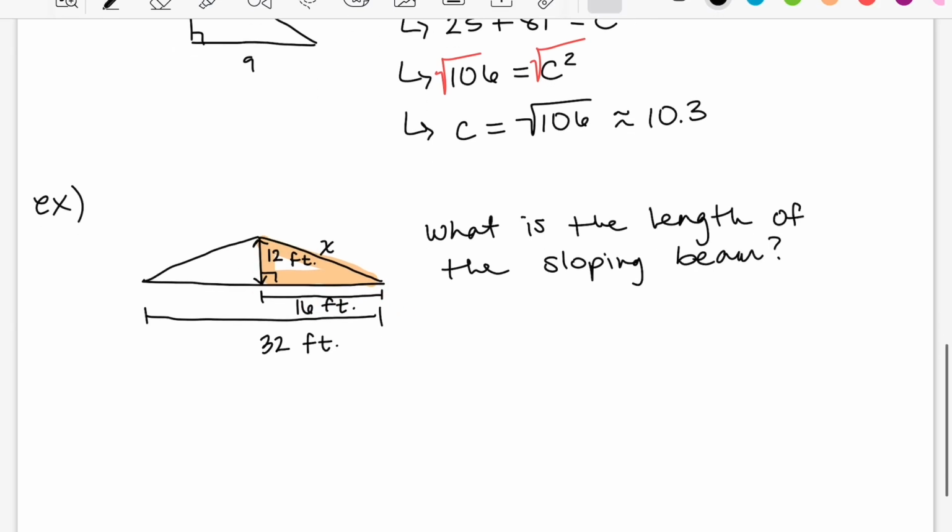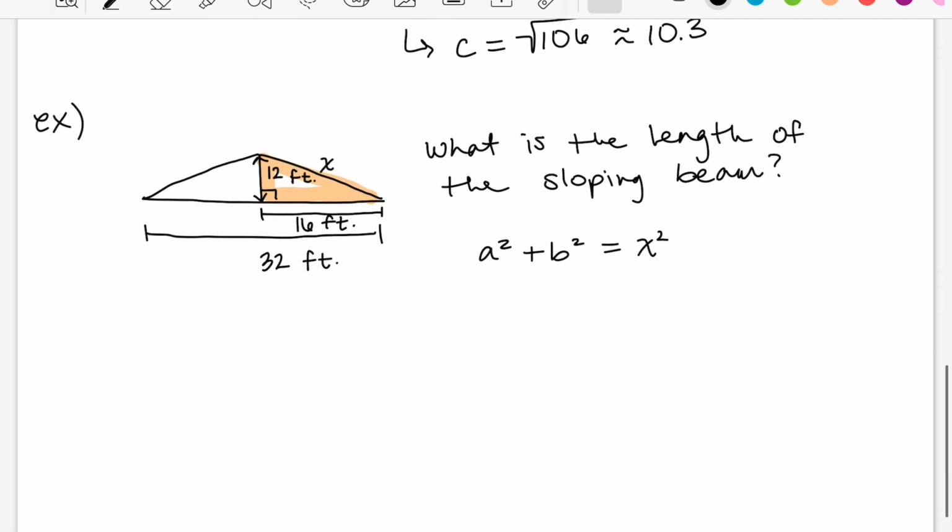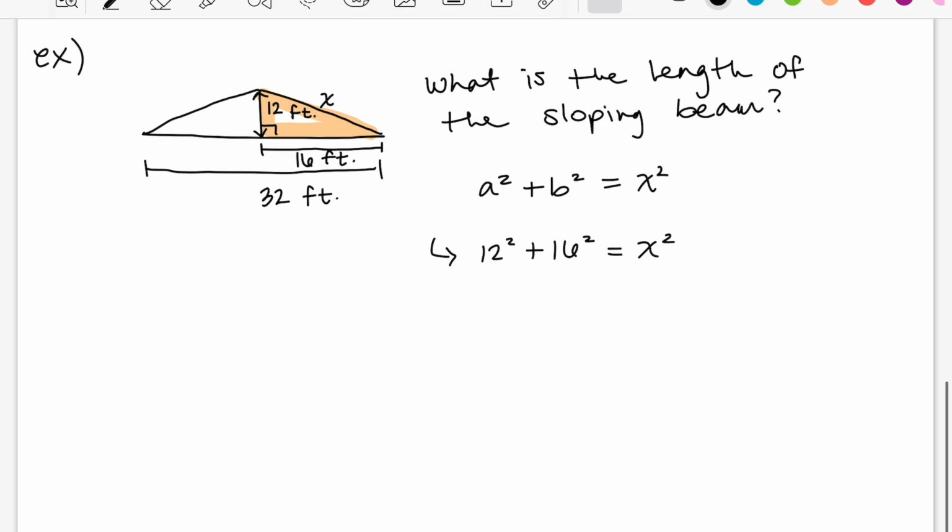So we'll use our Pythagorean theorem. So we'll have a squared plus b squared is equal to, and in this sense, I'm just calling our hypotenuse x. So we can just do x squared to keep the notation consistent. So we get 12 squared plus 16 squared is going to equal x squared. 12 squared is going to be 144. 16 squared is 256.